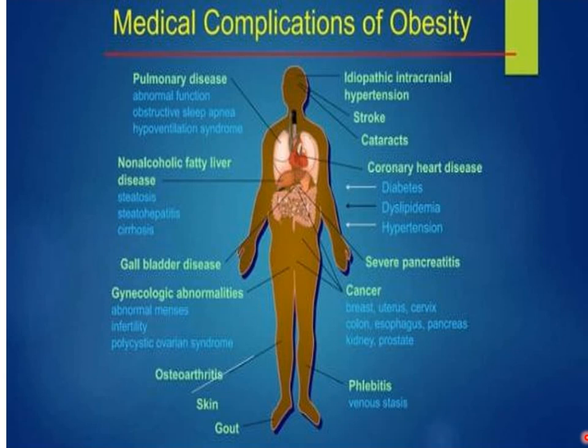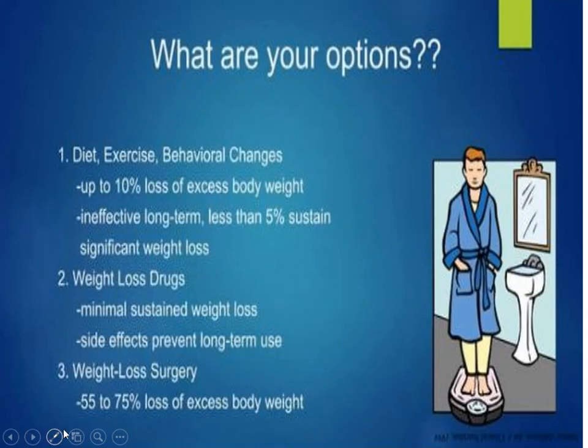It means it will make the patient prone to comorbidity. I will talk about them later on. That's why we have to find an important management for people who have morbid obesity. So what are the treatments or management for these people?